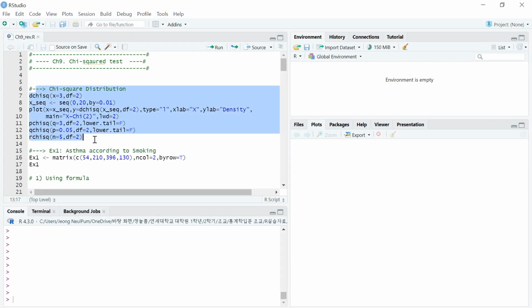This is nothing but explaining the chi-square distribution.